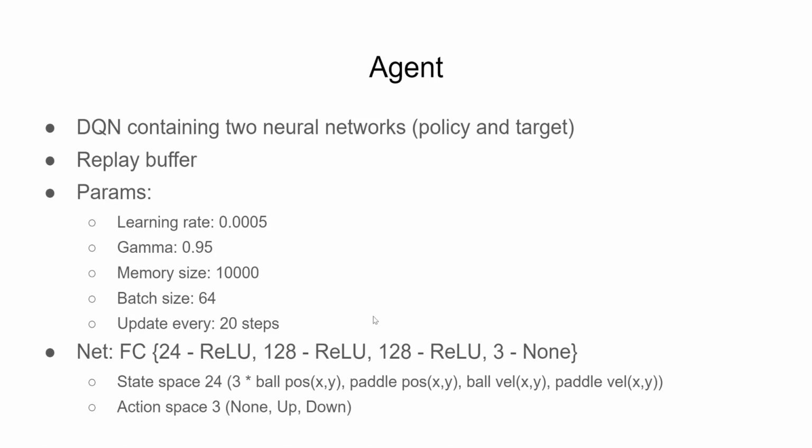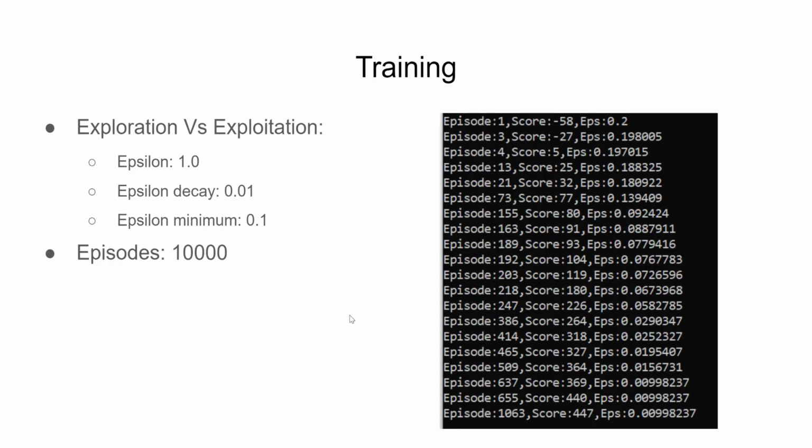Okay. Then here is the training process. Just explaining a little bit, I decoupled the exploration versus exploitation paradigm between the environment and the agent. So I didn't hard code this process inside the agent, as you normally see in implementations in Python over the internet.